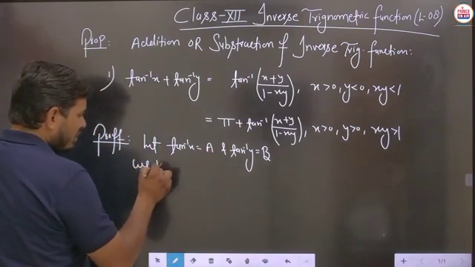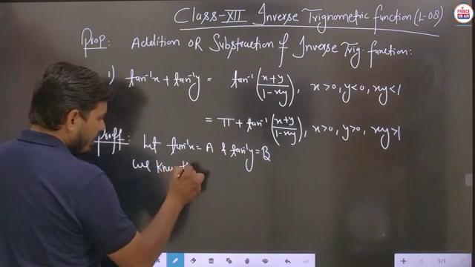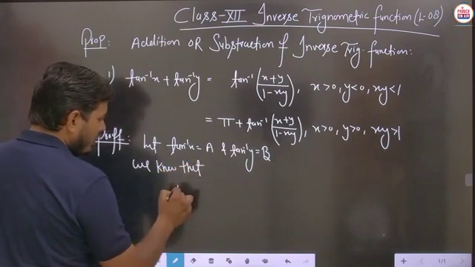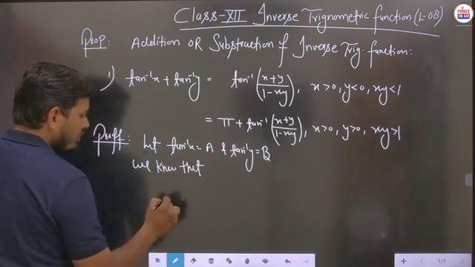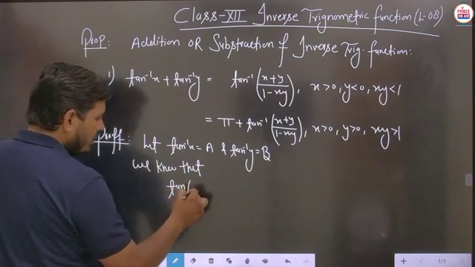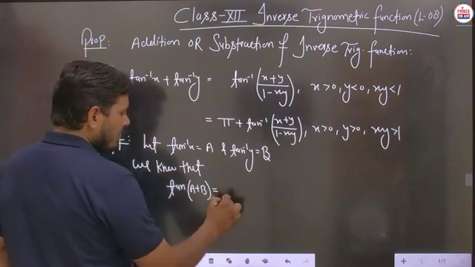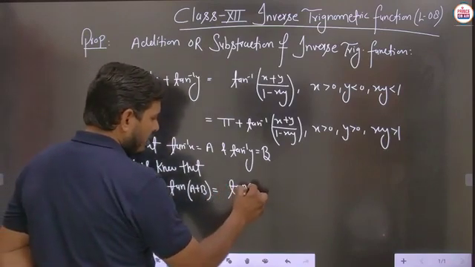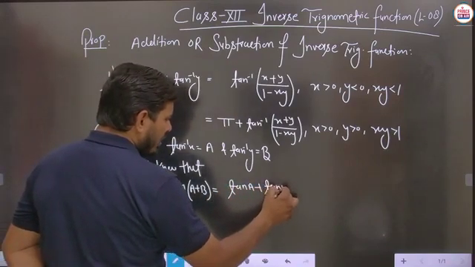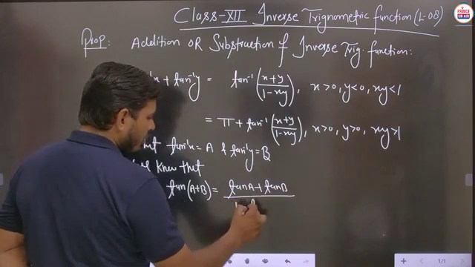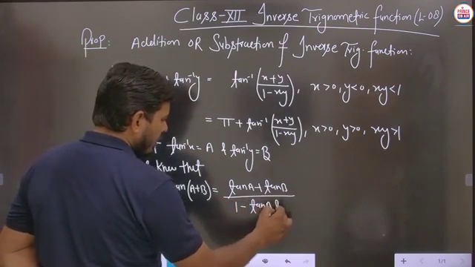Now we know a very important formula of tan(a plus b). Definitely tan(a plus b) will be written as tan a plus tan b upon 1 minus tan a into tan b.